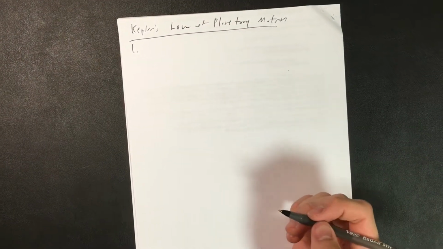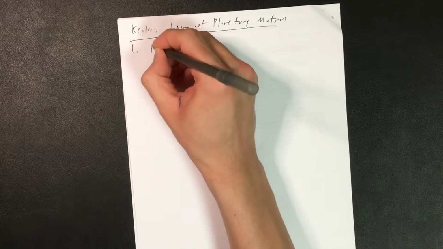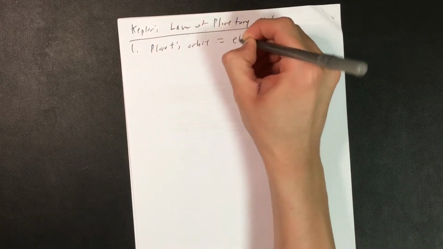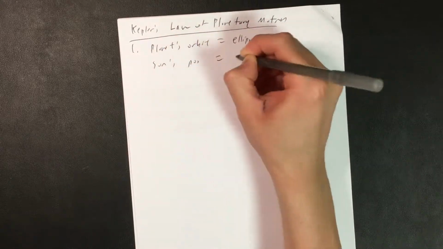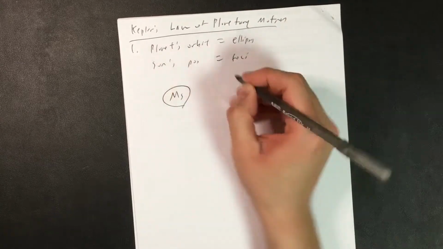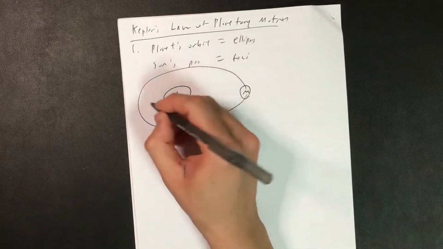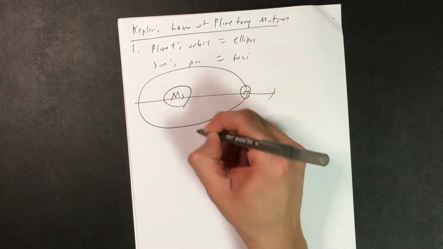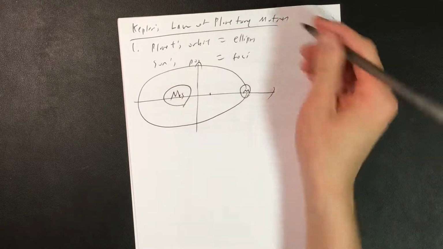So a physicist named Kepler came up with three laws about planetary motion, and the first one is that the planet's orbit is an ellipse, and the sun's position is one of the foci of the ellipse. So if this is the position of the sun, then the planet would go around the sun along the equation of an ellipse, and the position of the sun would be one of the two foci of this ellipse.